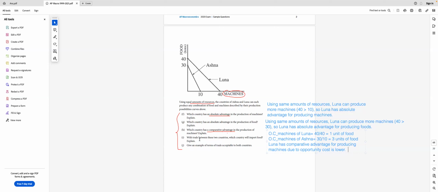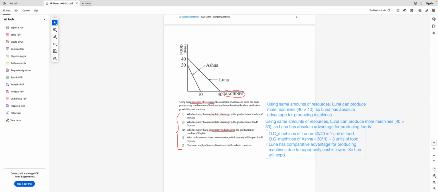So next question, with the trade between these two countries, which country will import food? One conclusion we can get from question H is Luna has a comparative advantage for producing machines. So Luna will export machines. Let's add one more line here.